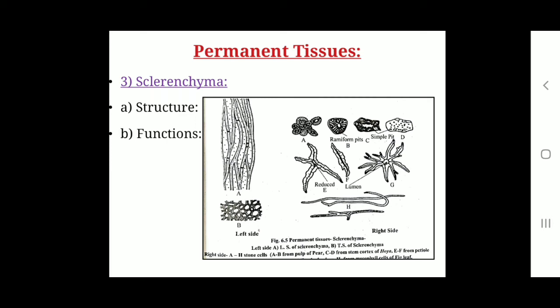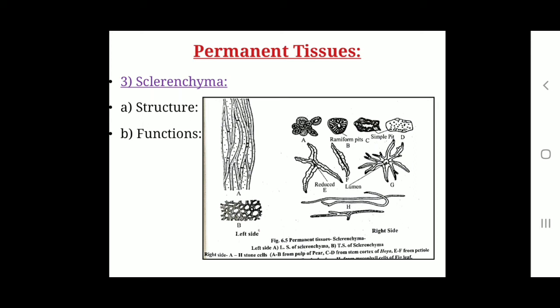The sclerenchyma cells are considerably thickened, heavily lignified with simple pits. Then the sclerenchyma cells have hard secondary wall with low water content, thus it is distinguished from collenchyma tissue which has a plastic primary wall with high percentage of water.